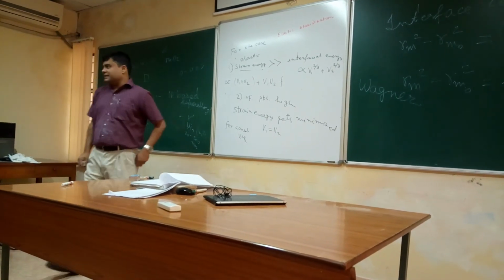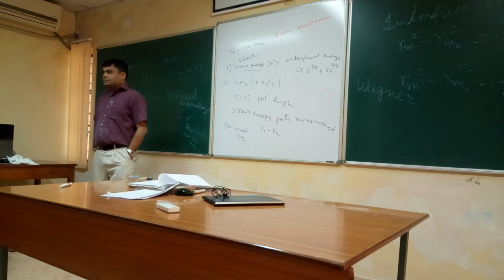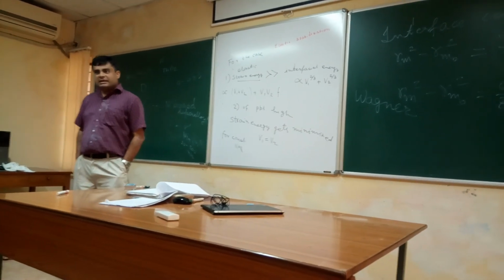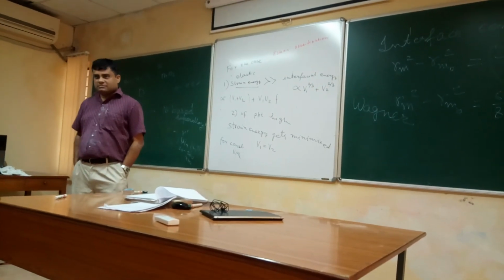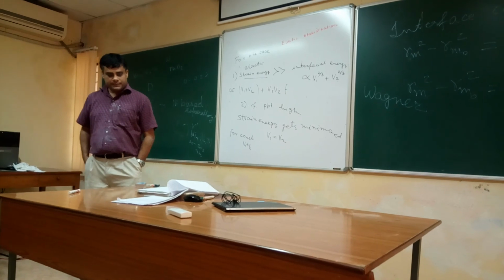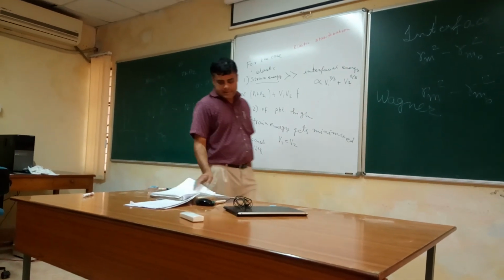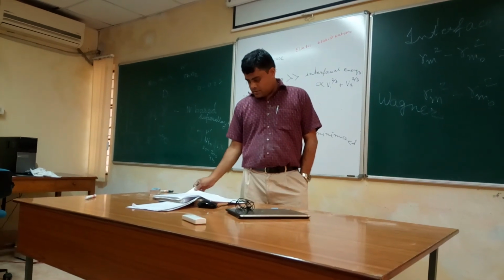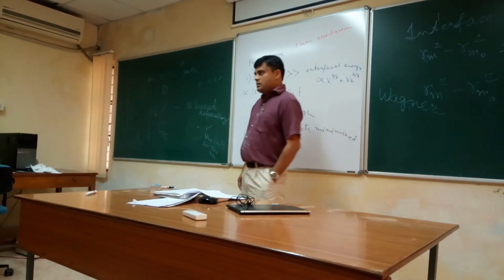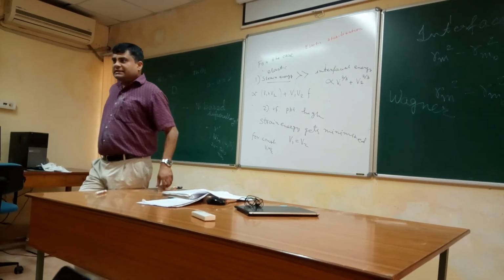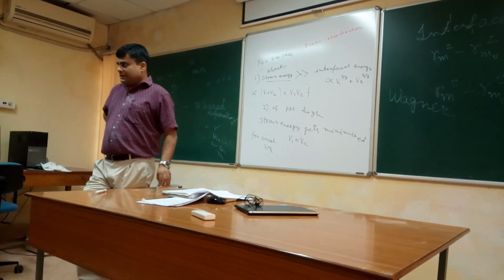So to reduce the strain energy, the volumes of the precipitates become equal, and then it will not coarsen. In that very special case. So these are the things I wanted to talk about coarsening.